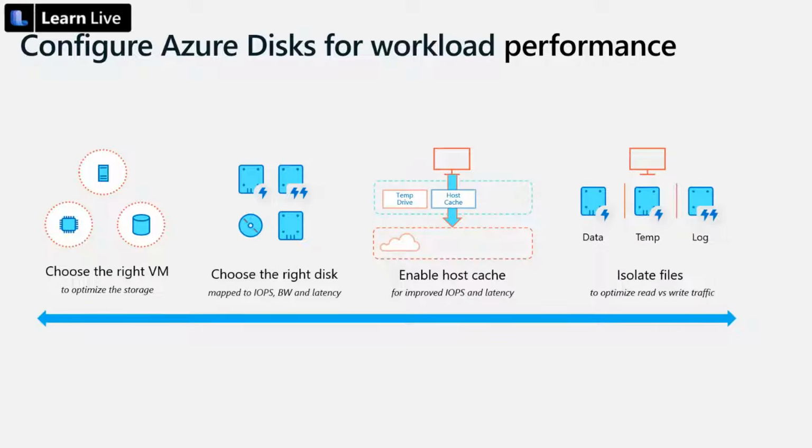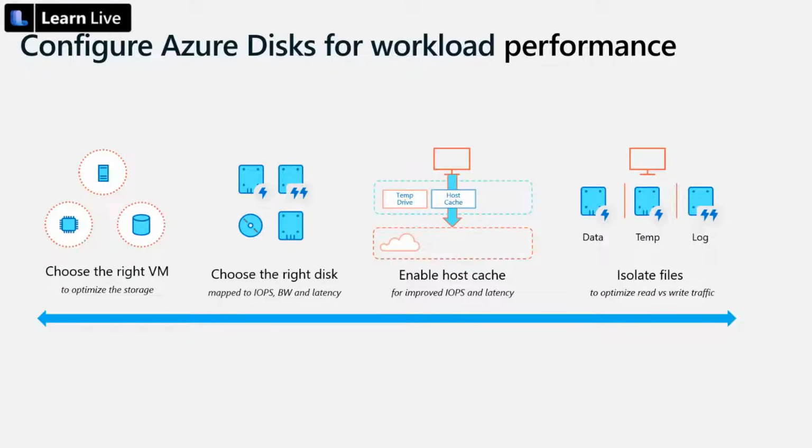If you're able to service that read request, buffer those writes at the guest before you go over the network to hit those disks, that's always going to lead to a better performance experience. So host caching is a great way to enable that. And then for folks who have been working in the storage realm for years, or say you just really dive into application best practices, you're going to be familiar with that last point.